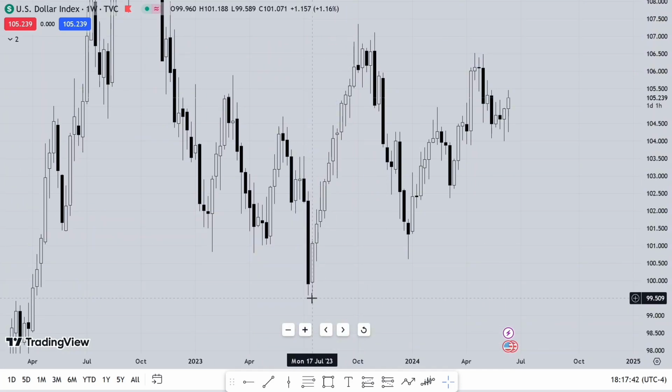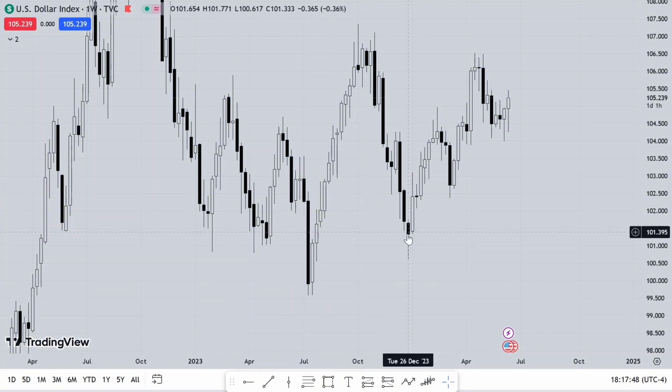This low is lower than this low here and this other low. This is also a swing low. A swing low is a swing point in price action, a low that has higher lows at both sides. You see this low here is higher than this low and this other low.